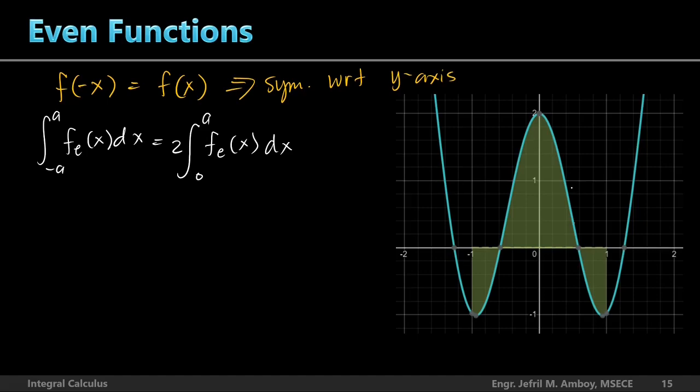Kasi kung ano yung area na nasa kaliwa, yun din yung area na nasa kanan, kasi symmetric siya with respect to y-axis. Kunin mo na lang yung area na nasa kanan, from 0 to a, tapos i-multiply mo ng 2. Okay? Di ba madali lang?